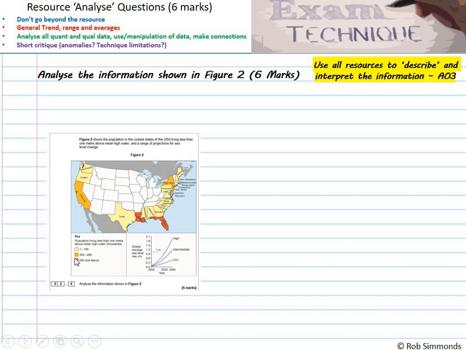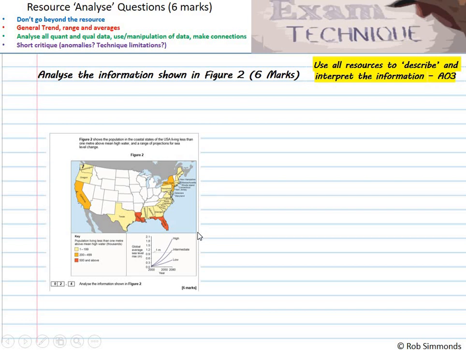The colours in the choropleth map: the dark red showing 500,000 and above, the orange 200 to 499,000, and the light yellow 1 to 199,000. So that's the first thing we see. You can also see the names of the states, which are going to be really important in your answer.